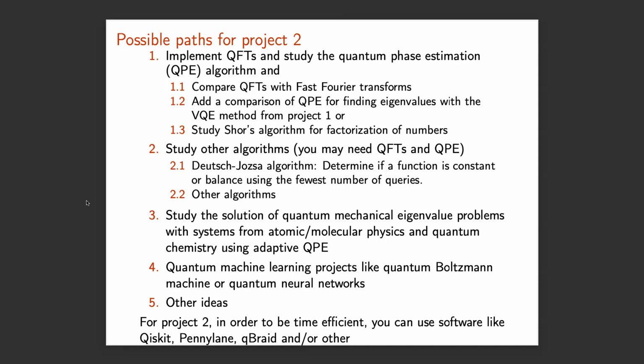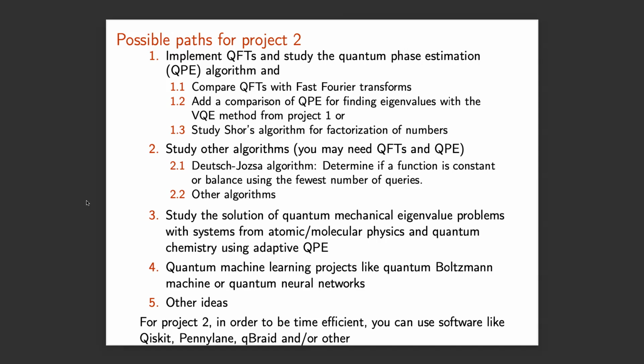Now, for the VQE, if you're more into quantum mechanical simulations, there is something called the adaptive VQE, which moves a step further and often gives much better results than the standard VQE. This could be applied to, let's say, the Lipkin model. You could generalize this to more than 4 particles.